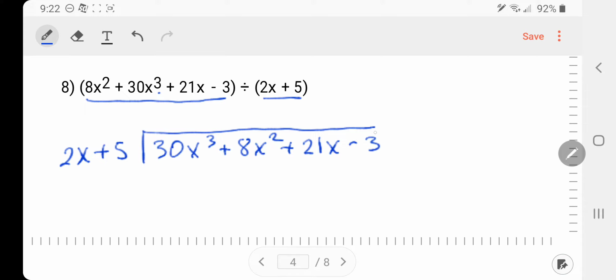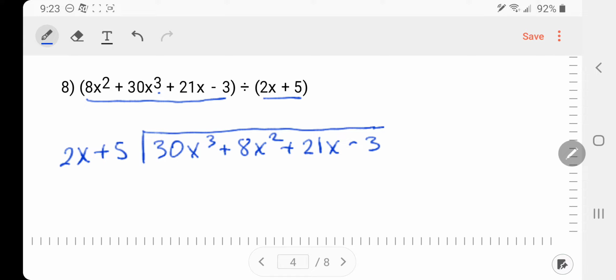And then the minus 3. So you need to have this dividend written in descending order. And also remember that every power has to be represented. So that means if I start with an exponent of 3, then I have to also have a 2, a 1, and a none. All the powers have to be represented all the way down to the constant.